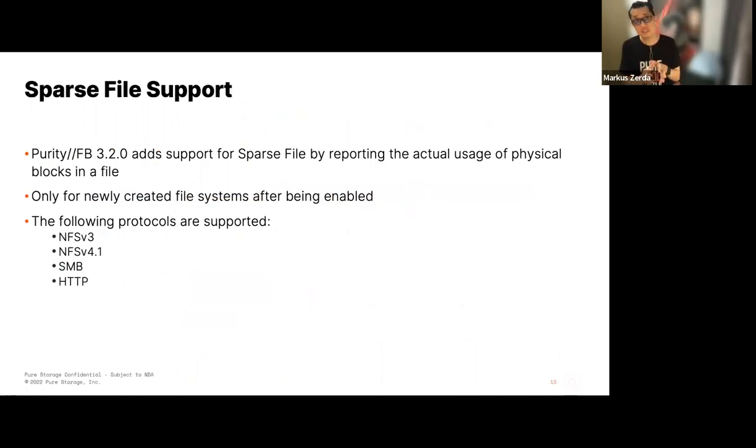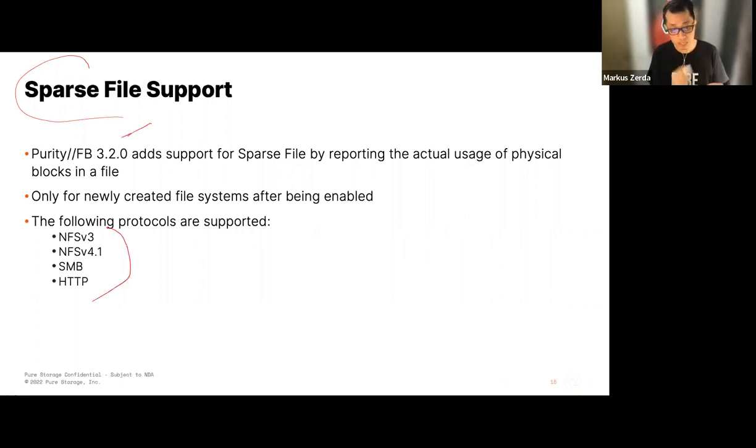Another new feature on FlashBlade is the ability to enable sparse file. Starting with 3.2, customers can call support and enable sparse file. This can be supported for NFS, SMB and HTTP protocols.